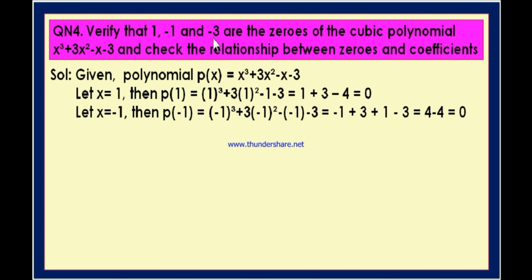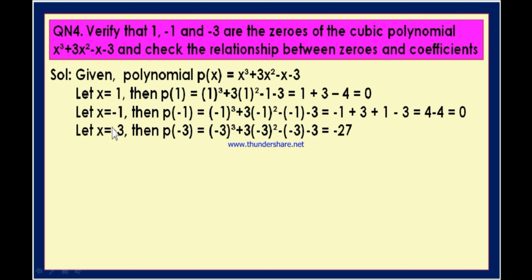Now let us check with minus 3. Let x is equal to minus 3. If x is equal to minus 3, then p of minus 3 is equal to x cube, minus 3 whole cube, plus 3 into x square, minus 3 whole square, minus x means minus of minus 3, and minus 3.